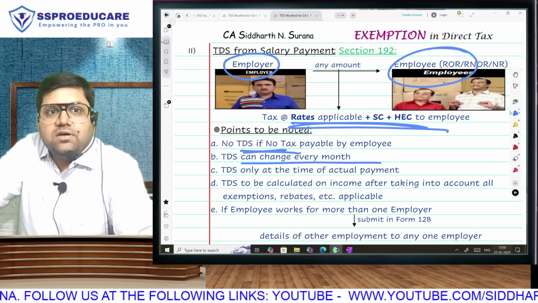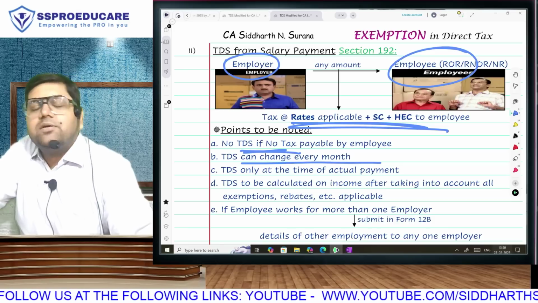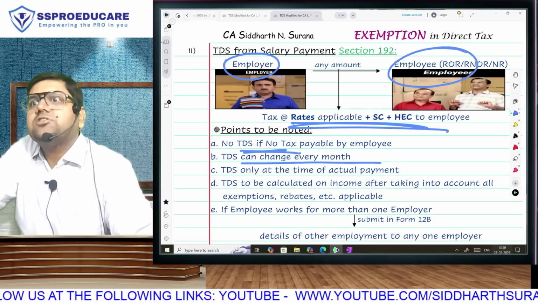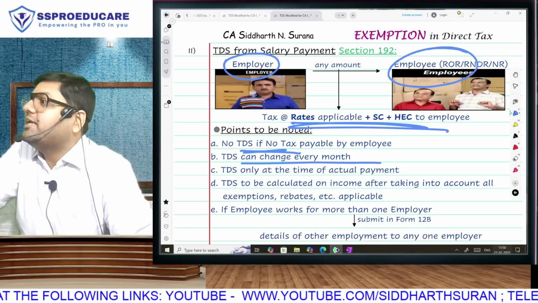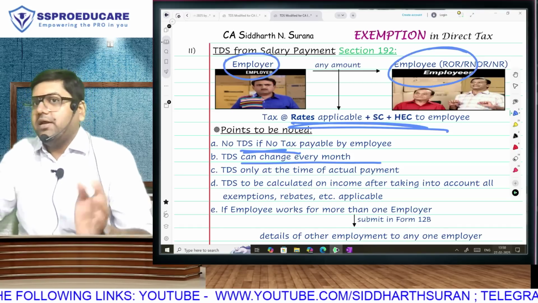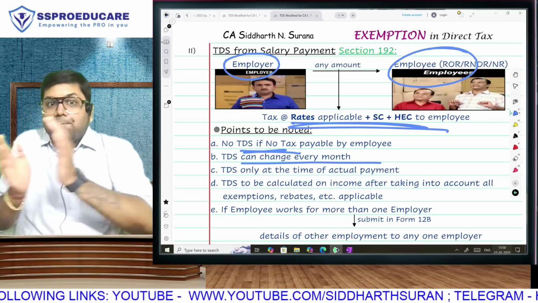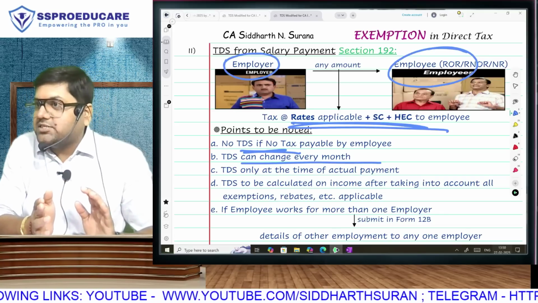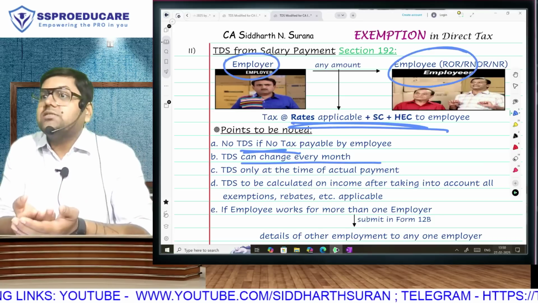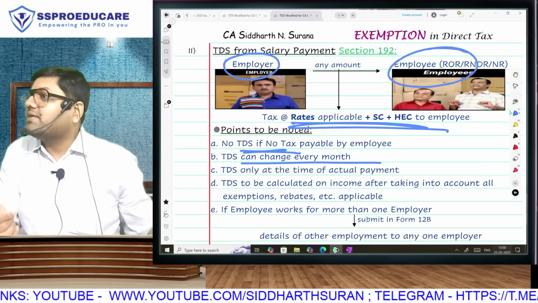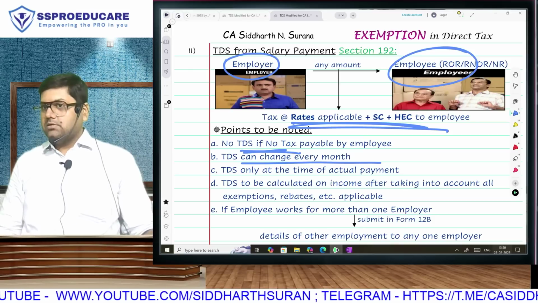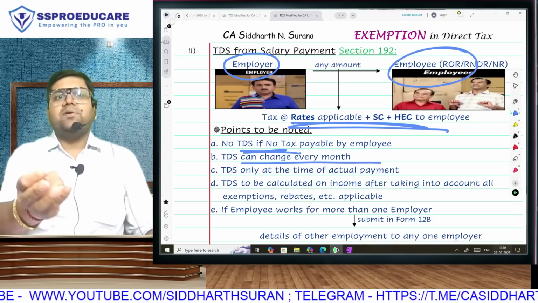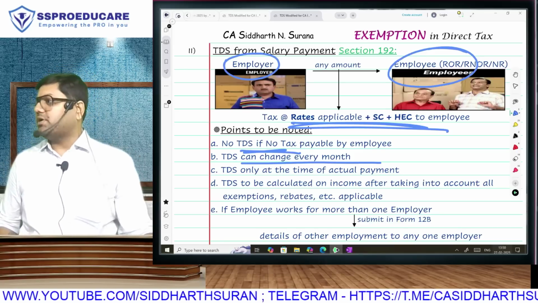Supposing at the starting of the year your salary was 20,000. The estimated NTTI 2,40,000. Boss did not deduct TDS. But suddenly during the year your salary was changed to 80,000. So what will happen? 80,000 of the remaining months plus 20,000 salary that you have already received for the existing months. That's your total salary. We will have a revised tax estimate that we will divide by the balance months. Supposing April, May, June, you have received 20,000 without TDS.